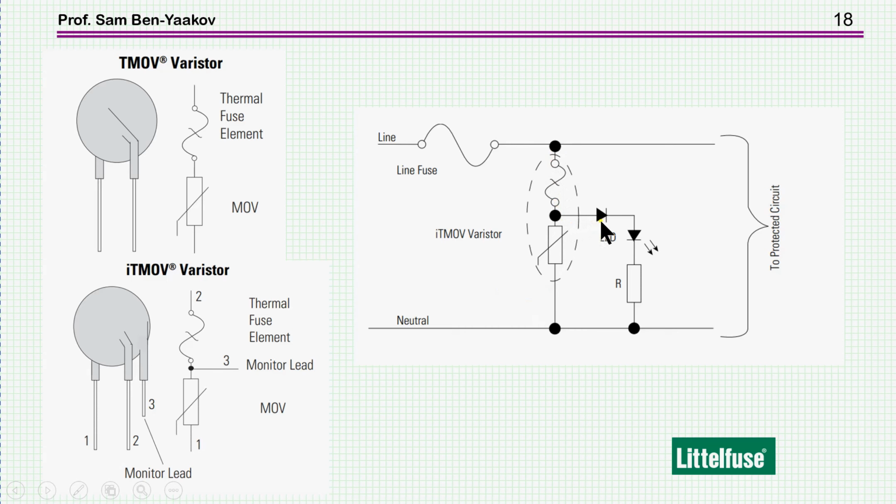And then you can have, say, an LED or some other electronic sensing device that will tell you that everything is okay. Now, if, of course, the temperature goes up and the fuse opens, then there'll be no voltage here, so the LED will be off. So this is one way to protect the system against flaming.